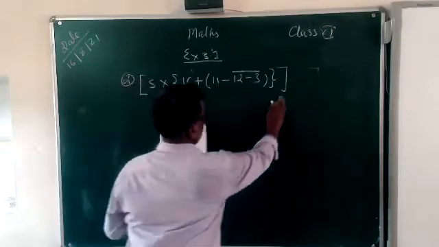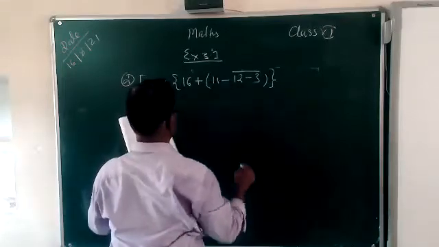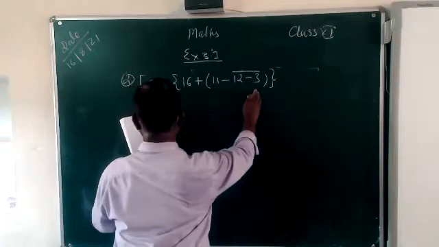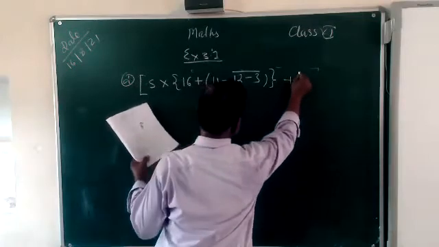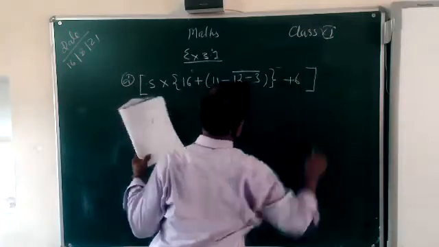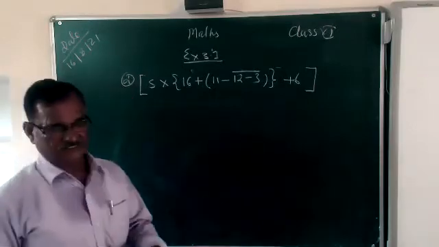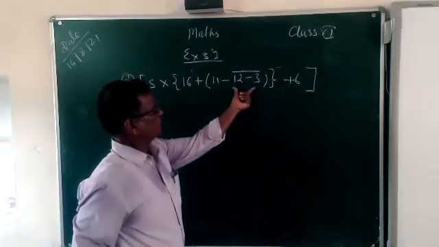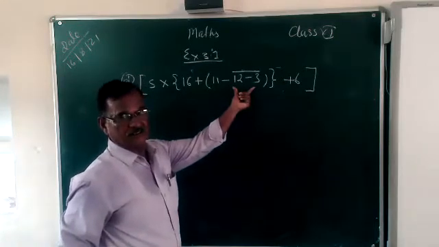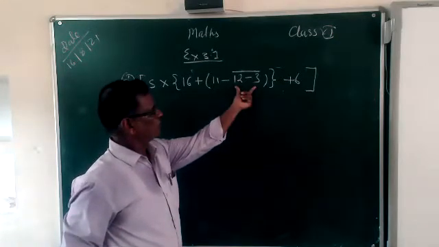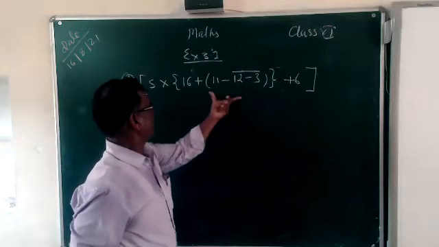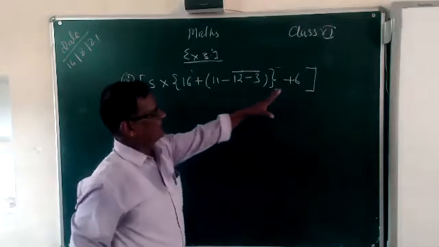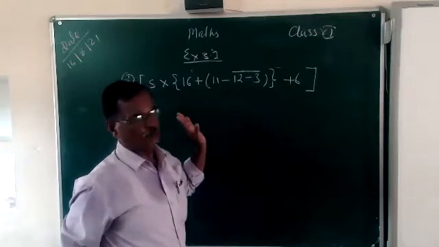After, here is one more number given, 12 minus 3, curly bracket plus 6 and then given square bracket close. This is your question. See here, first you have to remove bar bracket, then common bracket, then curly bracket, and then big bracket you have to remove.